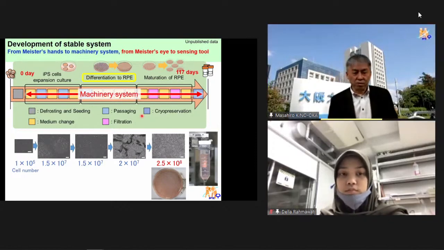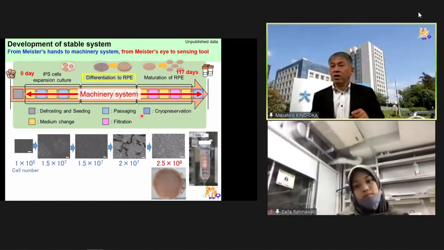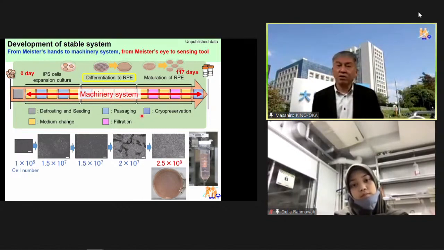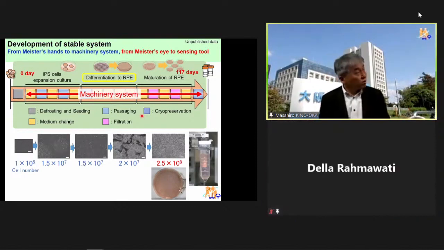I mean the fetal bovine serum they use, but this company has to check the quality of the materials coming from Australia because of BSE, bovine disease. I forgot the name of the disease. So practically it's possible.